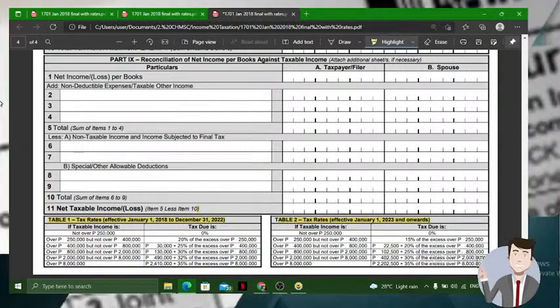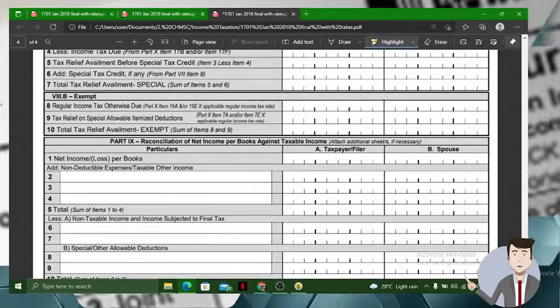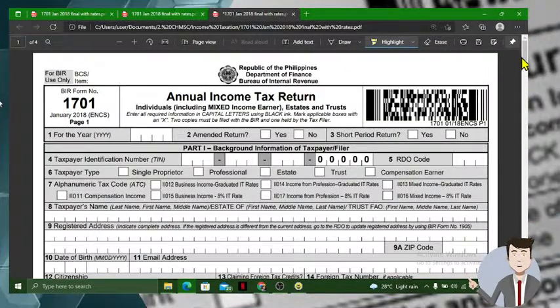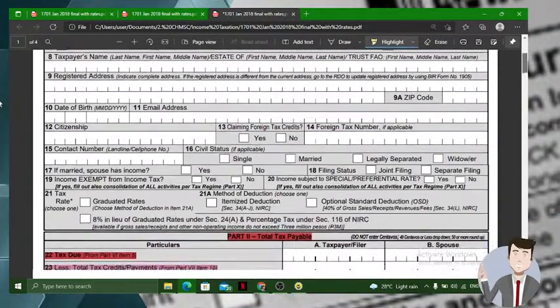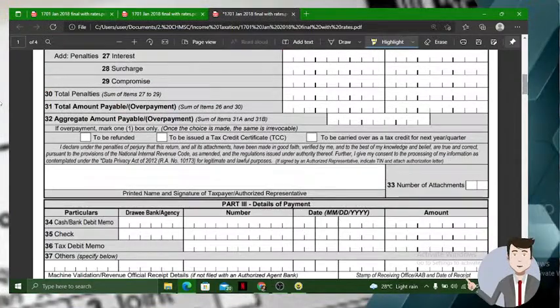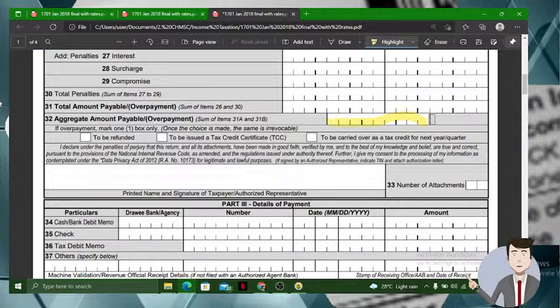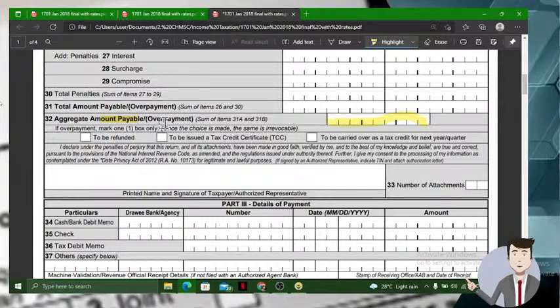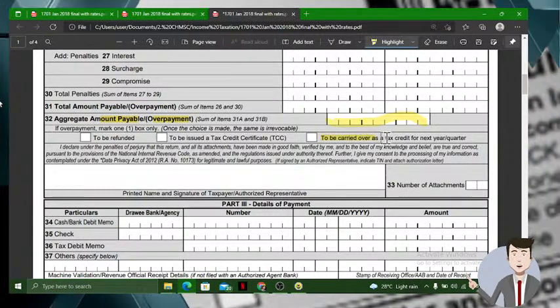Okay? So, after you have accomplished your BIR Form 1701, the amount that would be declared in this area should be paid if it is payable. And if it is an overpayment, it should be carried over to next year, as my professional advice.